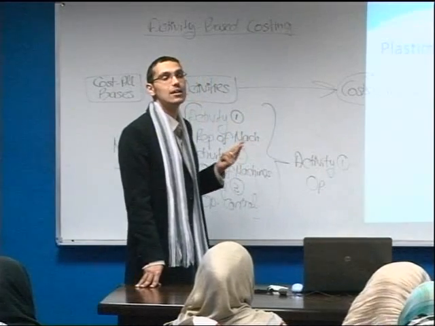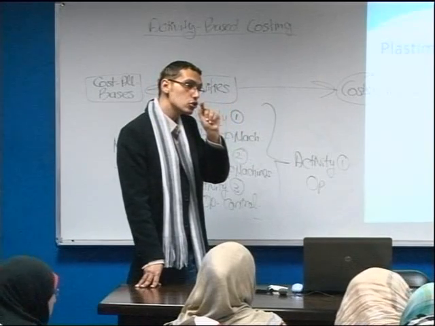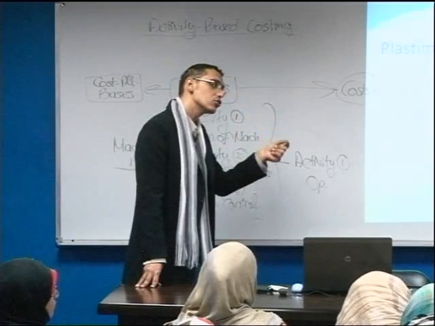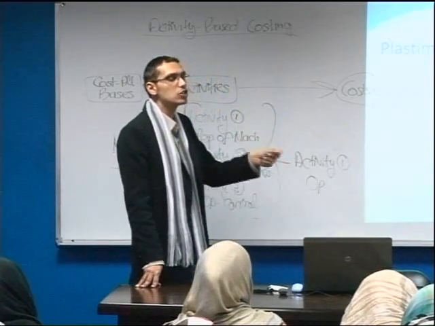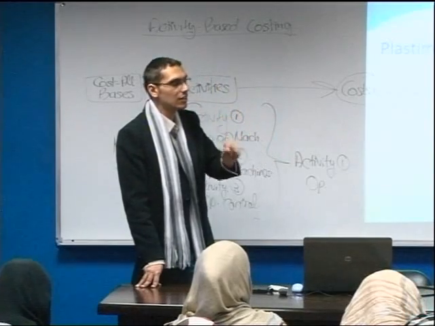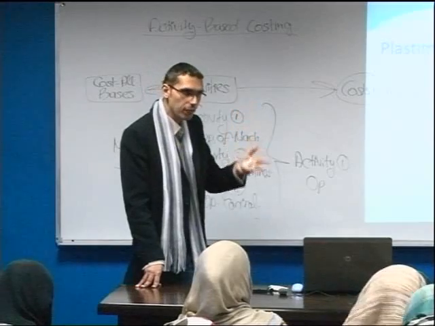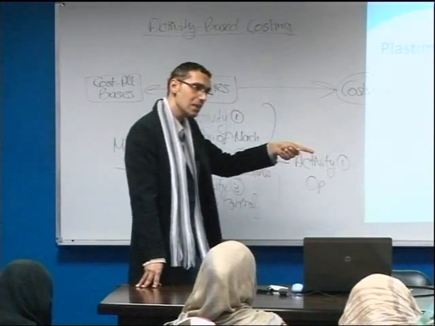Step number 3, the indirect costs itself. Or first of all, we need to determine the allocation basis by which we are going to allocate the indirect costs. This is step number 3. Step number 4, determining the cost pools according to the cost allocation basis.